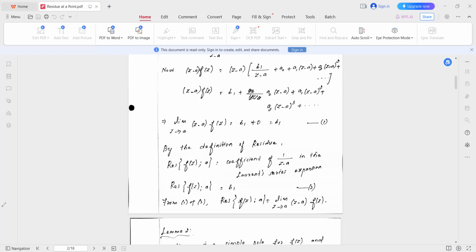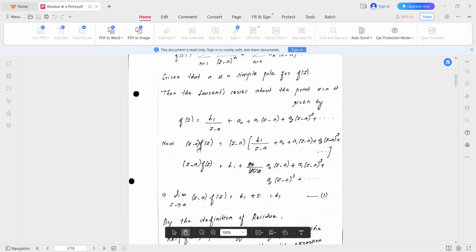Okay. So for that, first consider z minus a into f of z. Already we have f of z. Now we are multiplying f of z by z minus a. So therefore, z minus a into f of z is equal to z minus a into the f of z terms: b1 by z minus a plus a naught plus a1 into z minus a. Note that in the Laurent series expansion, we have taken only this, because given that a is a simple pole.